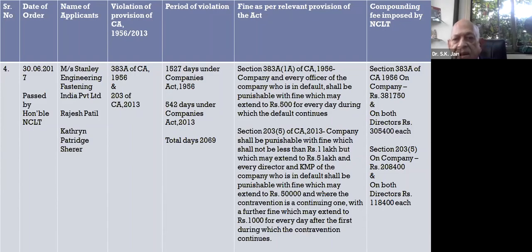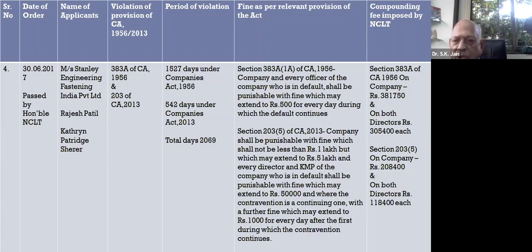Now under section 203(5), the amount of fine imposed on the company was 208,400, because it was not less than 1 lakh but could extend to rupees 5 lakh.